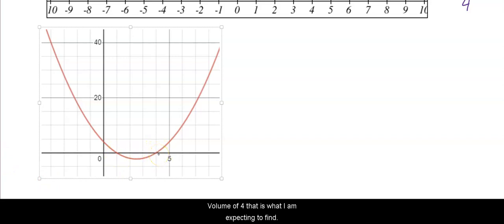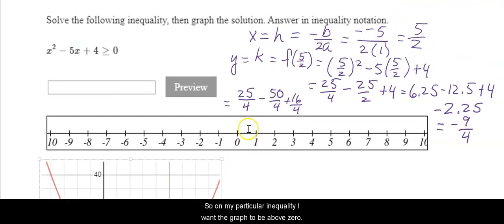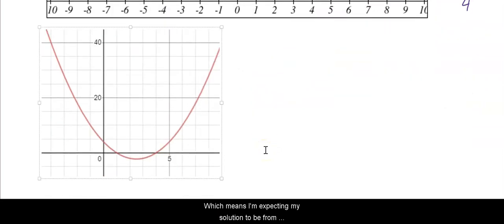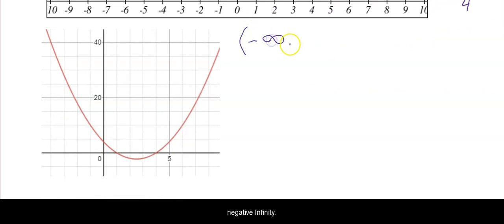That is what I am expecting to find, that between 1 and 4, the value goes below. So on my particular inequality, I want the graph to be above 0, which means I'm expecting my solution to be from negative infinity up to 1 and include 1.